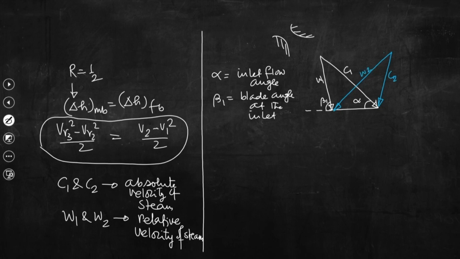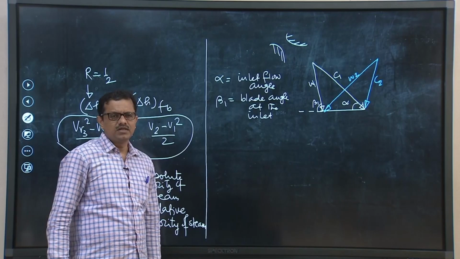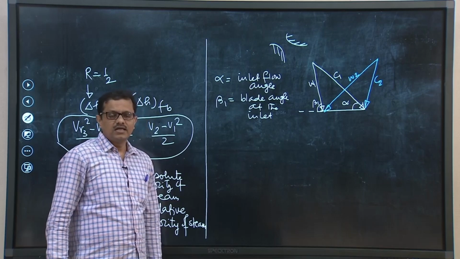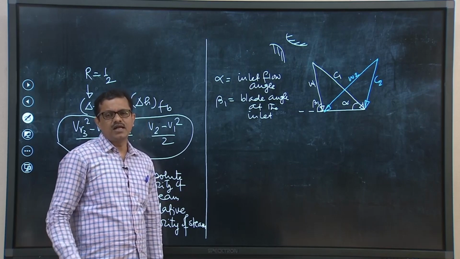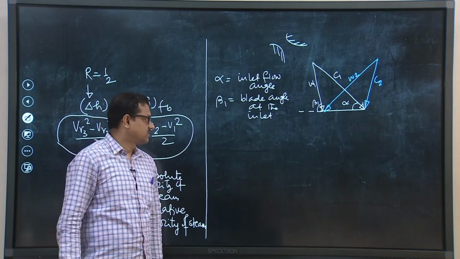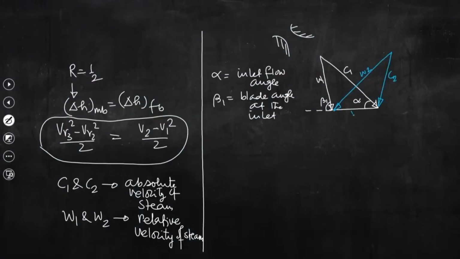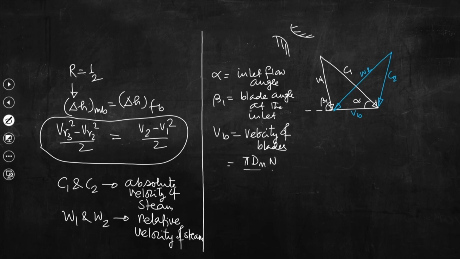C2 and W2 are the absolute velocity of steam leaving the nozzle and the relative velocity of steam leaving the nozzle and entering the first row of moving blades, and this is Vb, the blade velocity. Vb is the blade velocity, which we write as pi Dm N by 60, calculated based on the mean diameter.